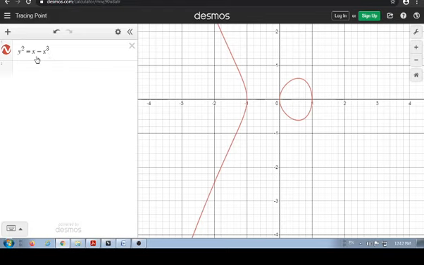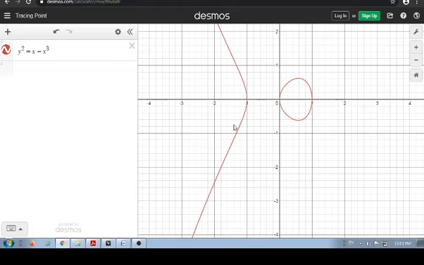So there is no part of the curve lying for x greater than 1. Similarly, if x lies in between minus 1 and 0, again x minus x cube is going to be negative, that means y square is negative, impossible, so there is no curve lying in this part. And when x is less than minus 1, this is going to be the behavior of the curve. And when x lies in between 0 and 1, this is going to be the behavior of this curve.